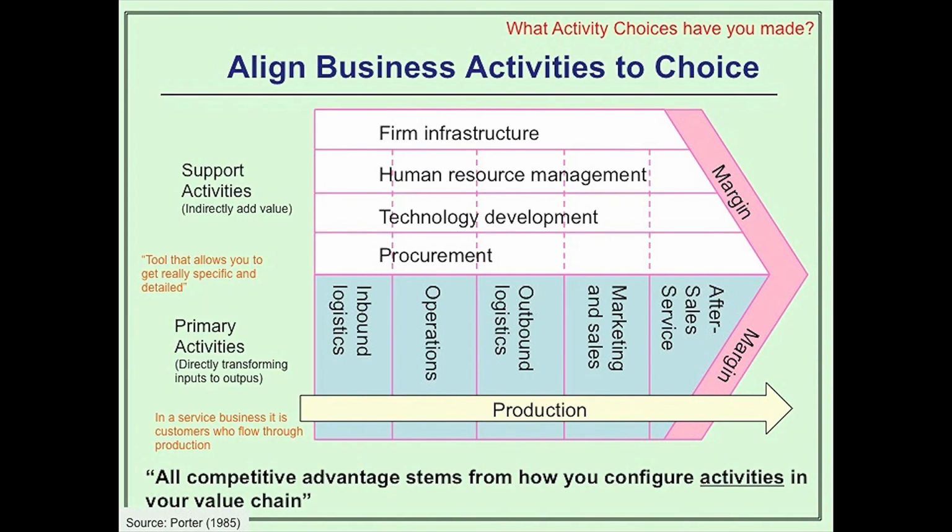So if you're an airline company, then the customers, the passengers, arrive at the airport, are loaded onto the plane. See that as inbound logistics. Those passengers are then transformed from being in point A to being in point B. That's the operations part, the in-flight activities.